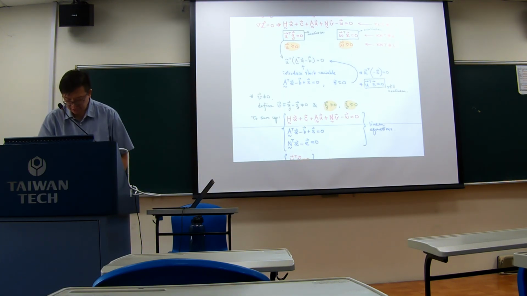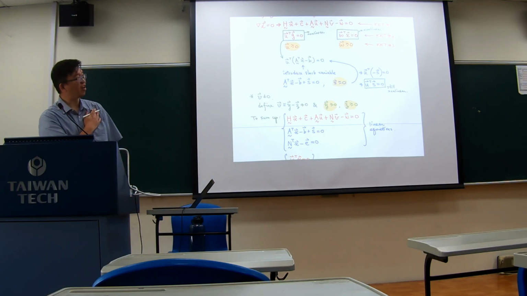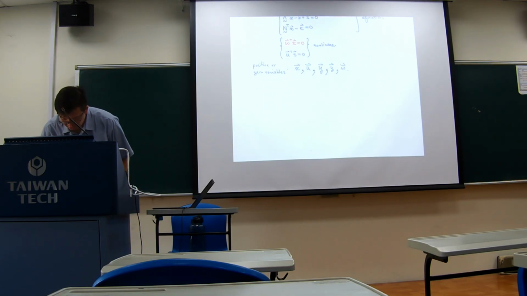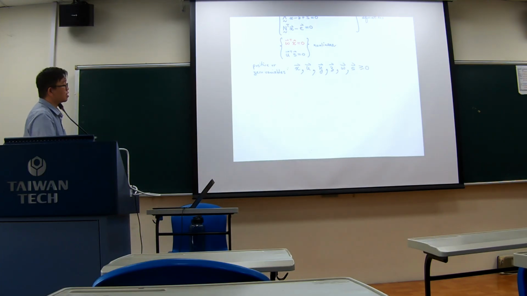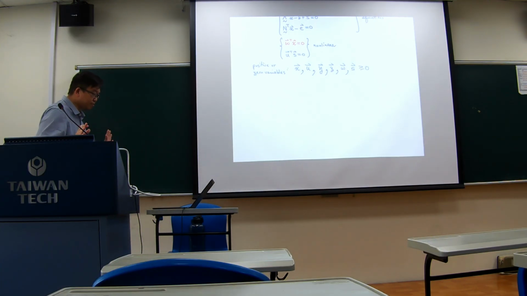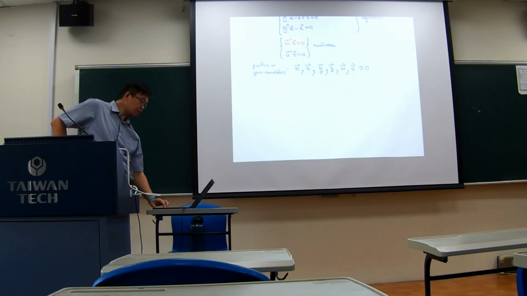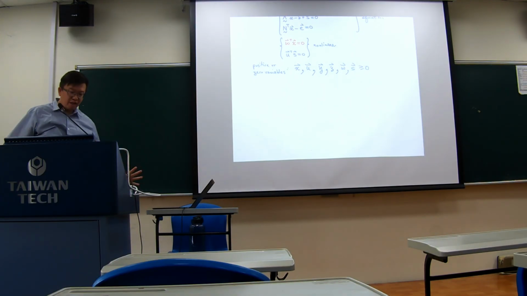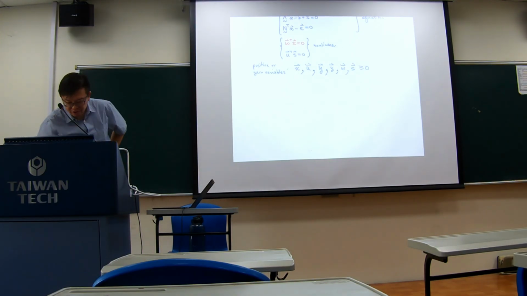What else do we have? We have slack variables. They were defined to be positive or zero. Otherwise, it doesn't work. So they are new variables. They are all positive or zero. Okay? So can we write them down in a matrix form?